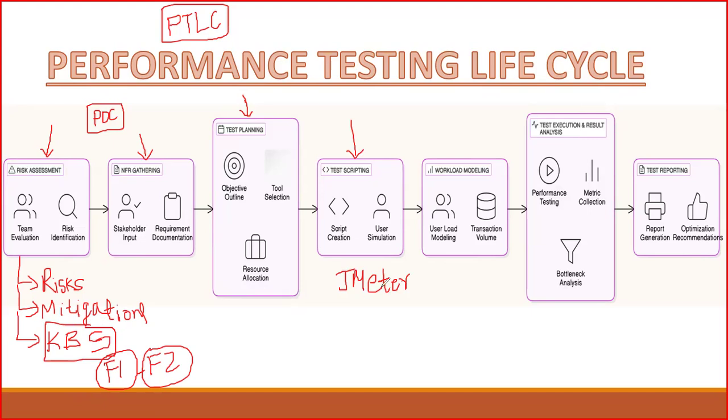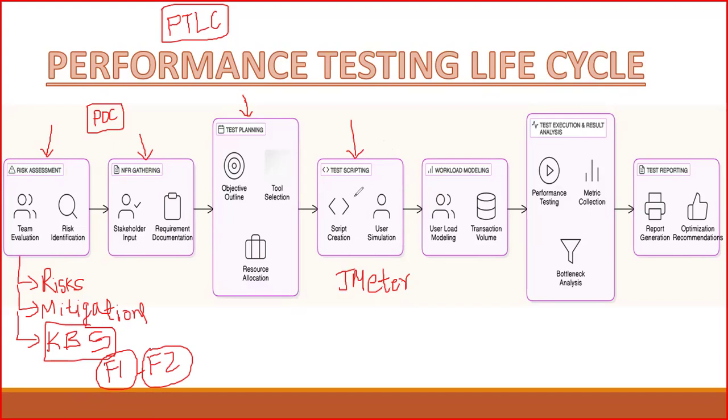Once we record all the flows, we are going to enhance those flows, and we will allocate multiple users to them in the test scripting part. How we do it, we will learn slowly in our coming sessions.